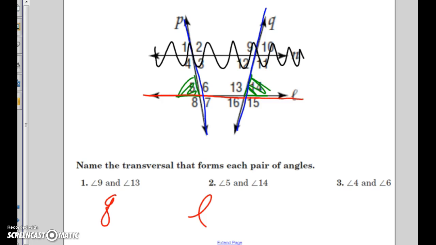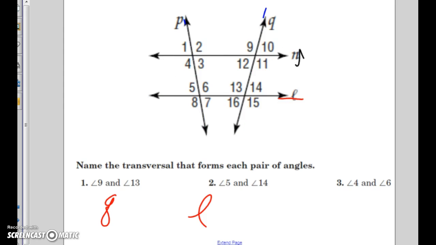Okay? Try 4 and 6. Look at your paper. 4 and 6. In your head, not out of your mouth, tell me what one line you think is your transversal, and what lines would be the blue lines? In your head, I don't want to hear it. Okay, now I want to hear it. What one line is your transversal?